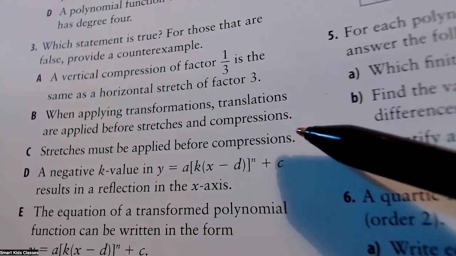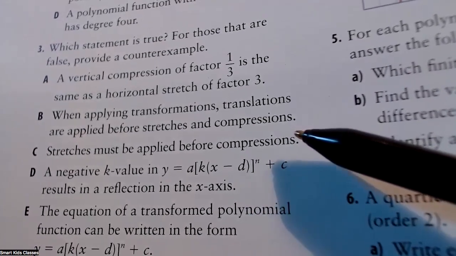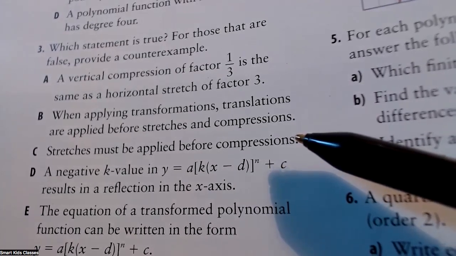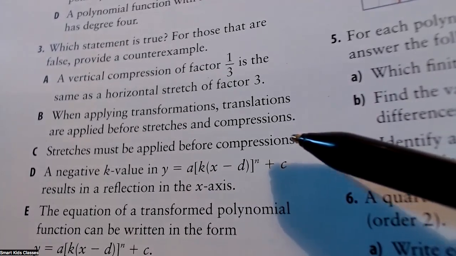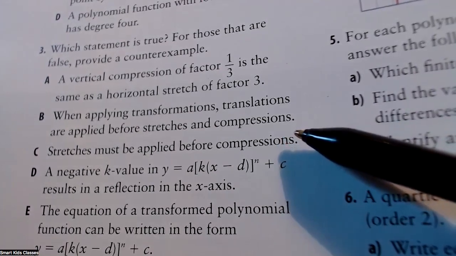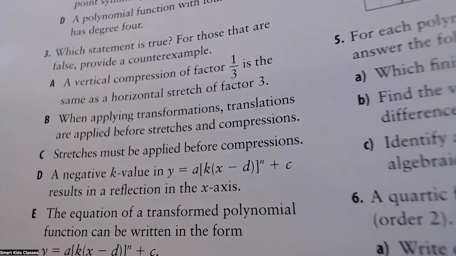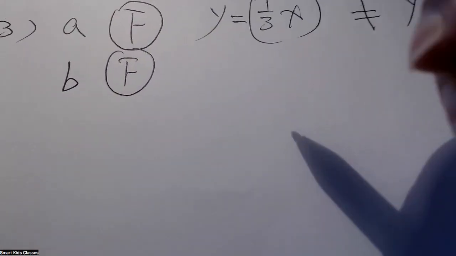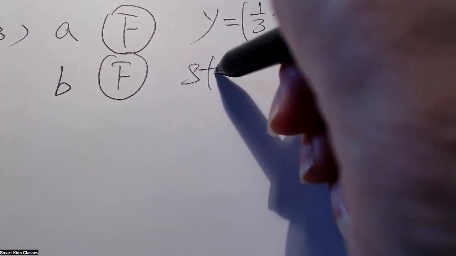So it's false. So when you apply the transformation, you always do stretch and compress first. So that's how we explain it. So translation is not the first one. So therefore, we're going to write B here. So we are going to write stretch and compress first.